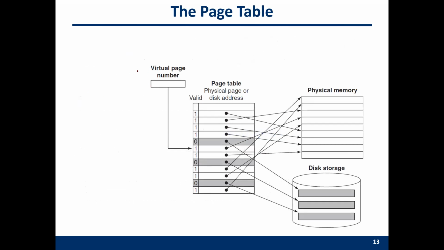So this is the real picture of the page table. You have a register here. The register records the starting point of your page table. The register here is the hardware. Once you have a memory access, it has the virtual page number. By this virtual page number, you can look up this table, and then you can know whether your data is stored in the physical page or the disk.